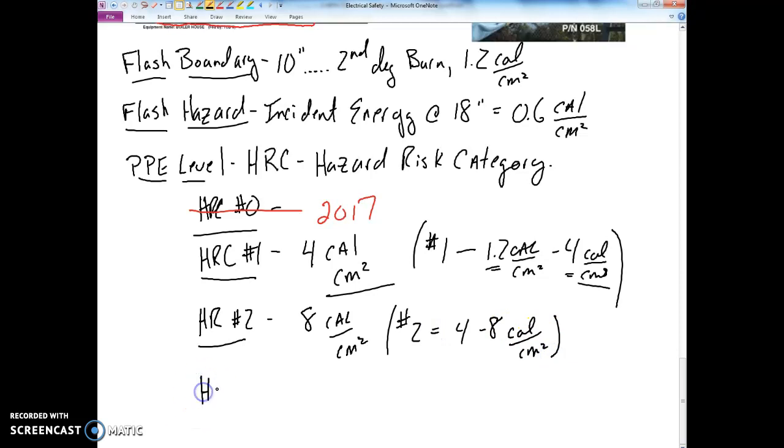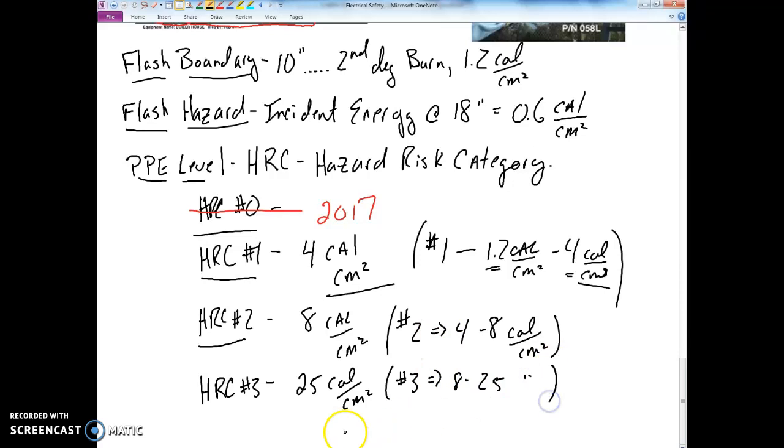And the next category is 3, which is 25 calories per square centimeter. And hazard risk category 4 is 40 calories.